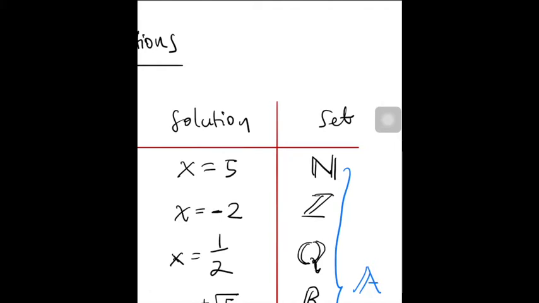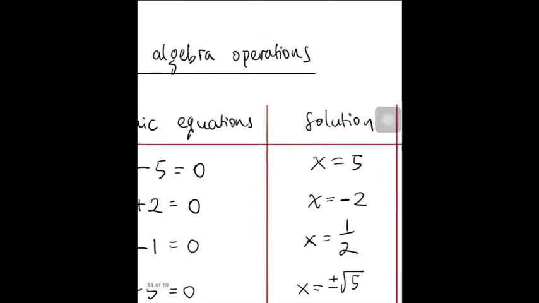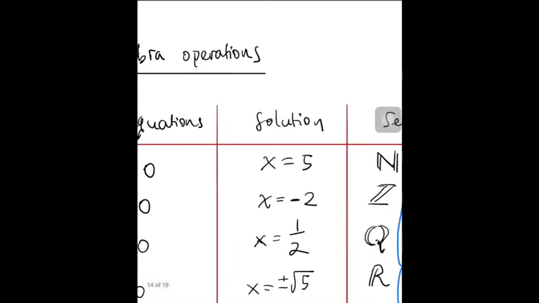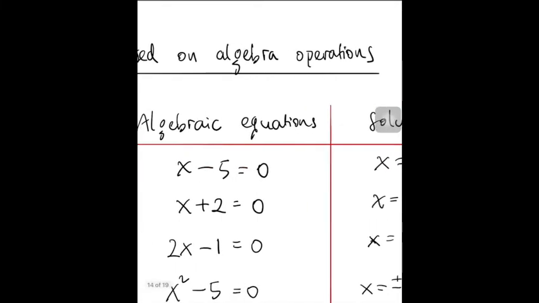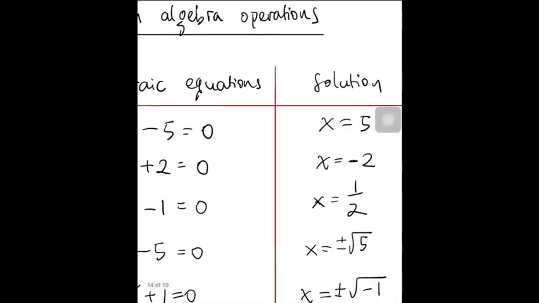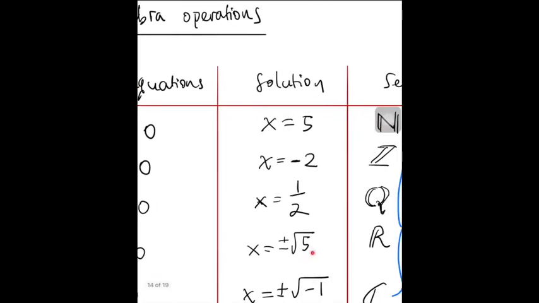It is actually counting the meaning. Here, 2x minus 1 is equal to 0, and we have the fraction; our numbers here are quotients. And we have x squared minus 5 equals 0, and we can solve this as plus or minus the square root of 5.